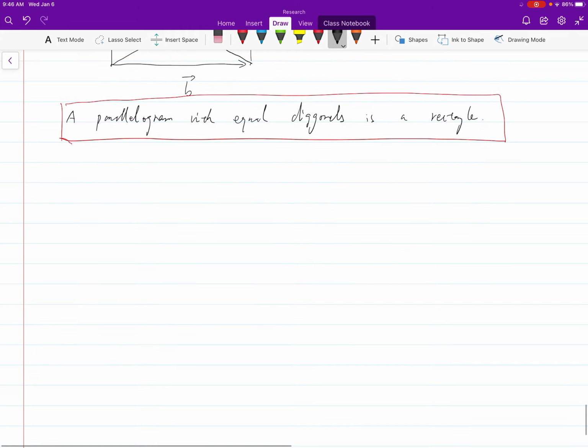Okay, can you do the same thing? Let's try one more. I believe a lot of people know this. A parallelogram with perpendicular diagonals is a diamond.